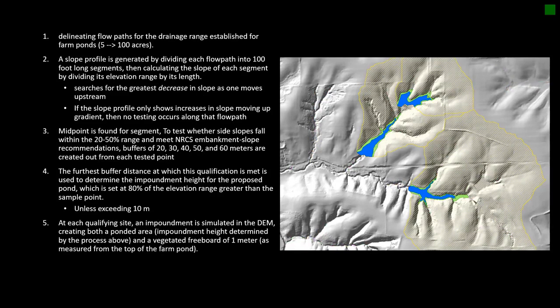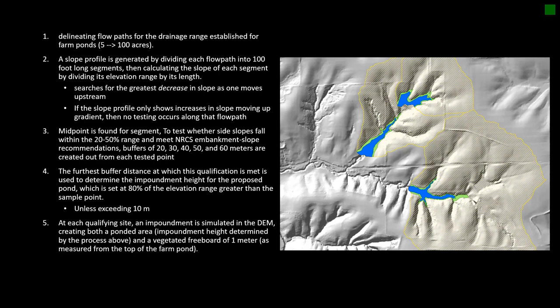An impoundment is then simulated in the DEM, creating both a ponded area using the impoundment height found previously and a vegetated freeboard of 1 meter as measured from the top of the farm pond. The drainage area is then delineated and statistics are found. The pond area must be between 0.25 and 8% of the contributing watershed, and the freeboard area cannot exceed the pond area.